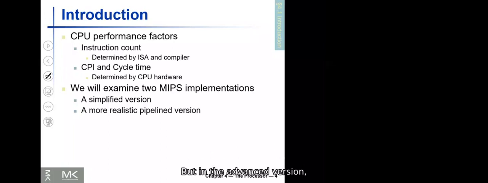But in the advanced, pipeline version, each instruction goes into the pipeline and is executed step by step until it is finished. So we don't need the instruction to be finished in one clock cycle, but we need an instruction to be started in every clock cycle. This is very important. We talked about rates before.